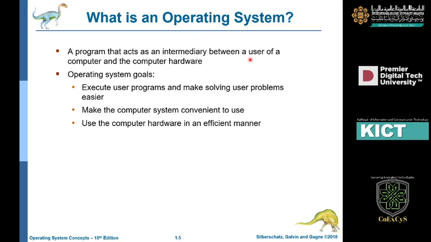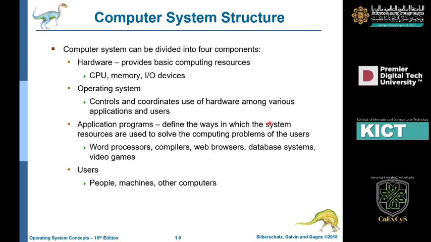And the goals are, one, to solve whatever the user wants to do, and accessing the hardware in the most efficient way possible, right? So for the user, use a program, make it convenient to use, and handle these resources the most efficient way it can, right?